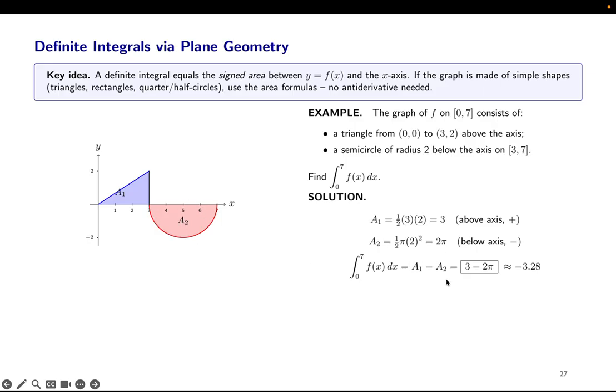So it would be 3 minus 2 pi. So that's how we calculate the definite integral by definition. You find the area between the curve and the x-axis. And notice if the curve is above the x-axis, the area is positive. If the curve is below the x-axis, the area is negative.